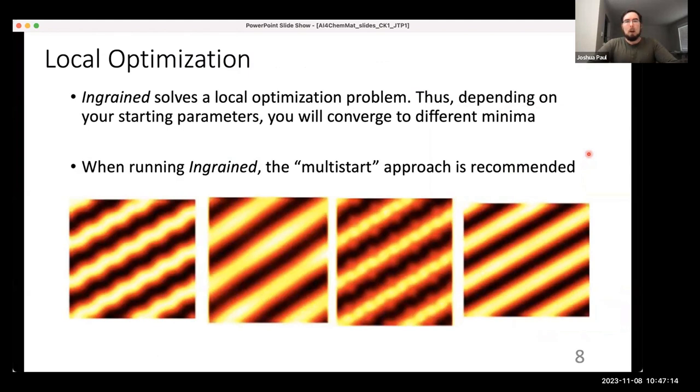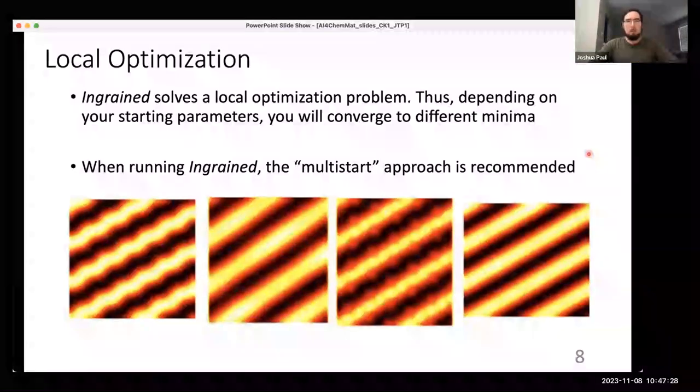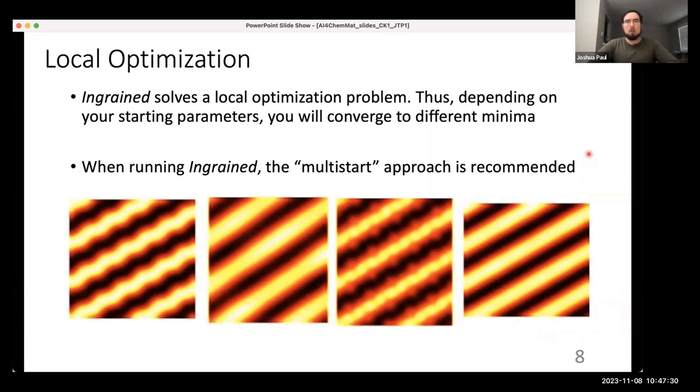Now, the thing about Ingrained is that it's solving a local optimization problem. Like I said, you give a start of input parameters. Those are optimized against the experimental image, and you reach a ground state of accuracy over time. However, if you alter those starting input parameters, then you can possibly converge on a different local minimum.